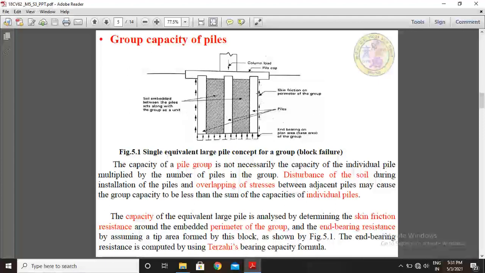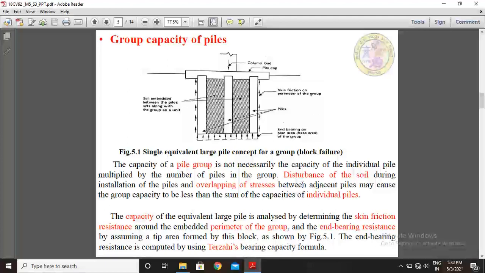These are the skin friction on the perimeter of the group, and this is the end bearing on the plan area, that is the base area of the group. So this figure explains that the capacity of a pile group is not necessarily the capacity of the individual pile multiplied by the number of piles in the group.